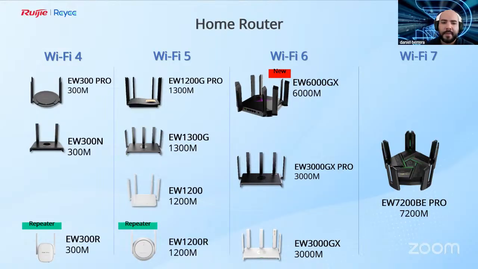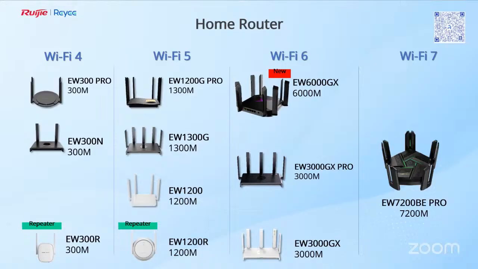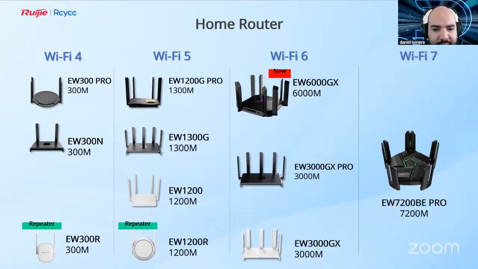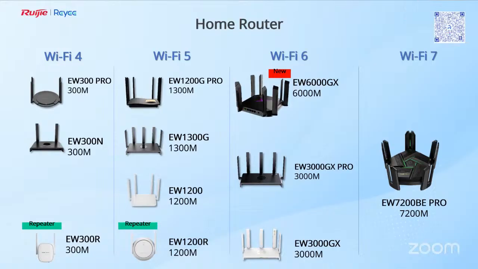And I'm going to speak about this more advanced product, the EWC7200BE Pro, which supports 9 external antennas, has one 2.5 gigabit Ethernet port, 1 LAN, and also 4 gigabit Ethernet ports.